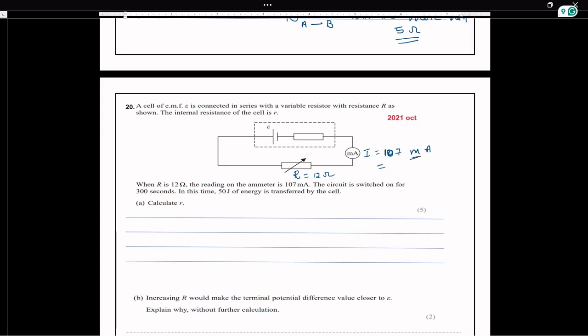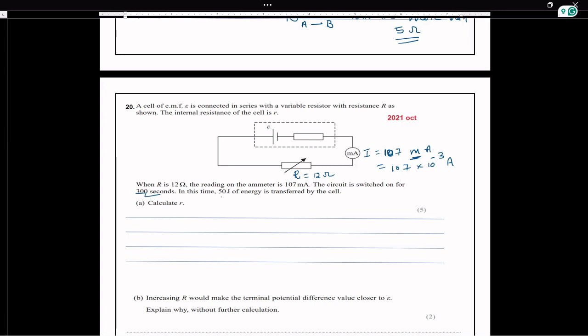The prefix milli stands for 10 to the power of negative 3, so this much amperes. This is the current. And the circuit is switched on for 300 seconds.